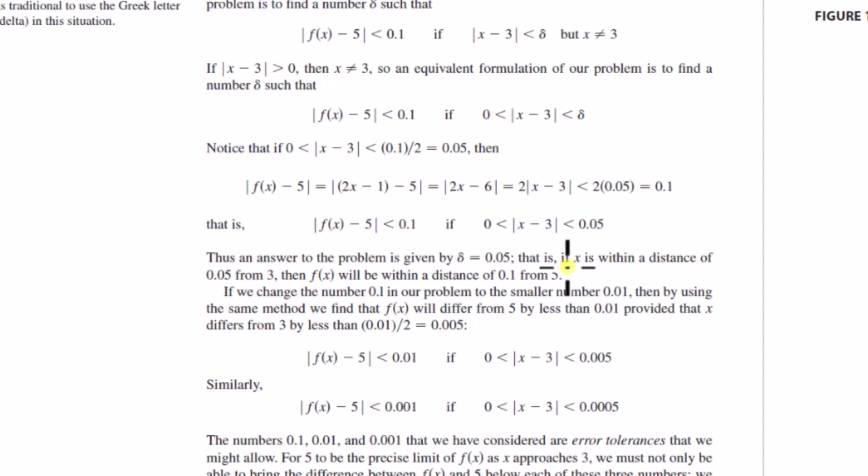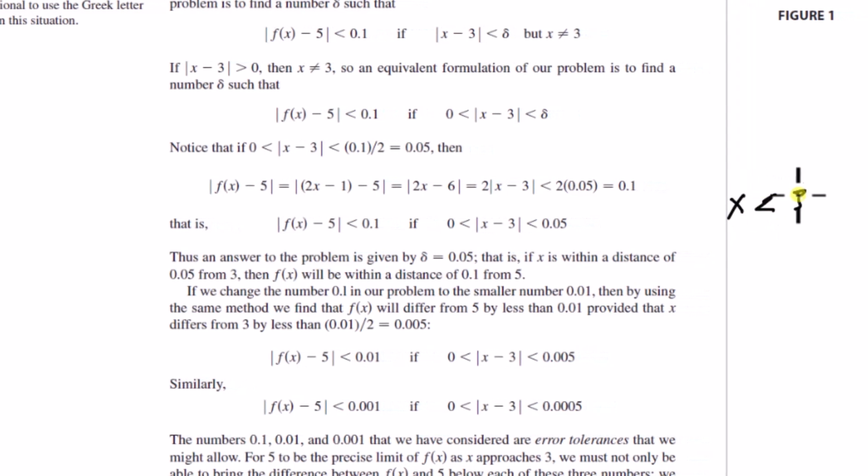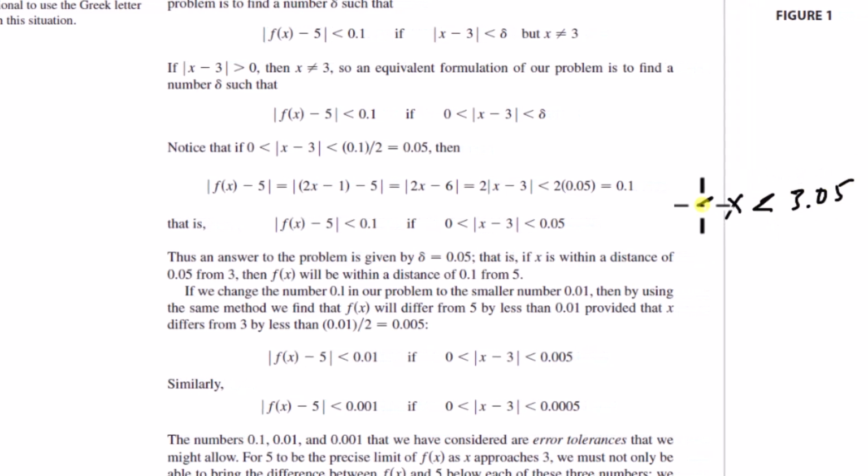Delta is 0.05. Now, one thing I want to point out here is how we truly did just prove that. If we solved this absolute value inequality, you would get that x is less than 3.05 and greater than 2.95, right?